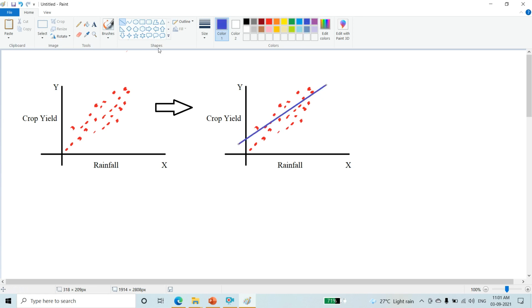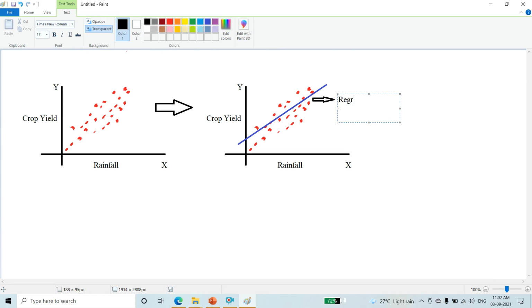This line is called the regression line. We already discussed this.